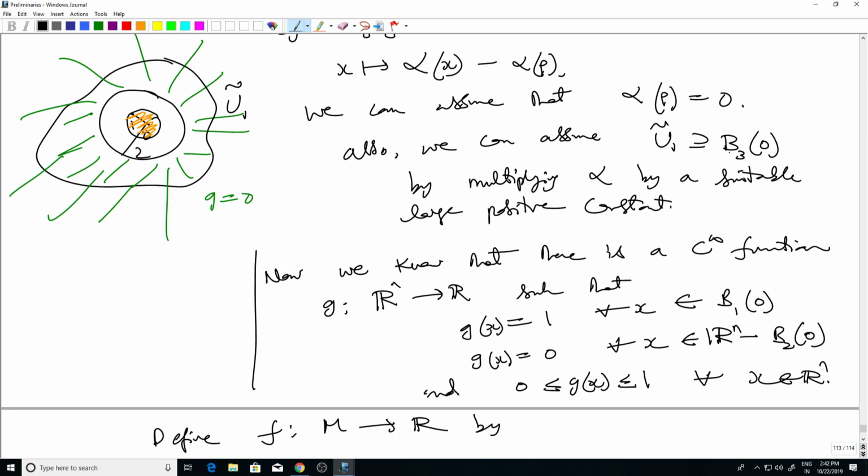Now using this alpha, which was the diffeomorphism from U tilde to U1 tilde, I'll get corresponding sets in the manifold. Let A equal phi inverse of this first ball B10 and B equal phi inverse the second ball B20.